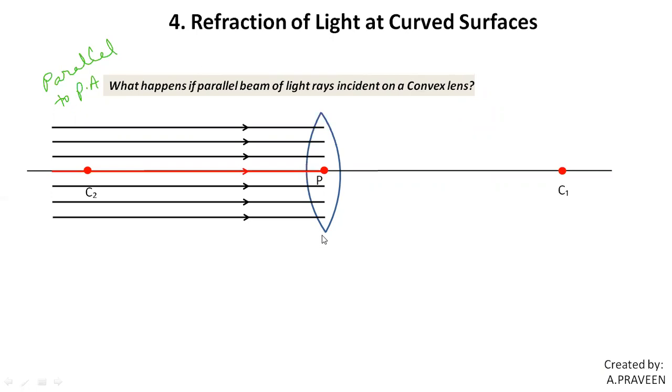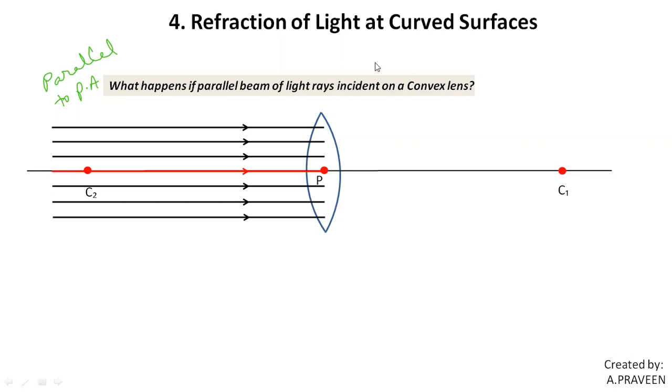Sir, towards the normal. How can you satisfy me? If I take the normal, which side do I have to take it, left side or right side? Sir, right side. Which is the right side normal? No.